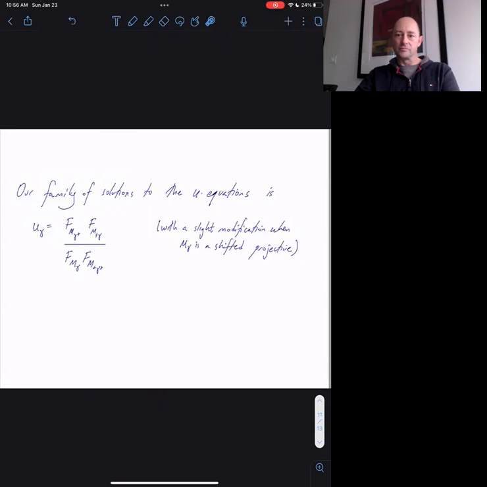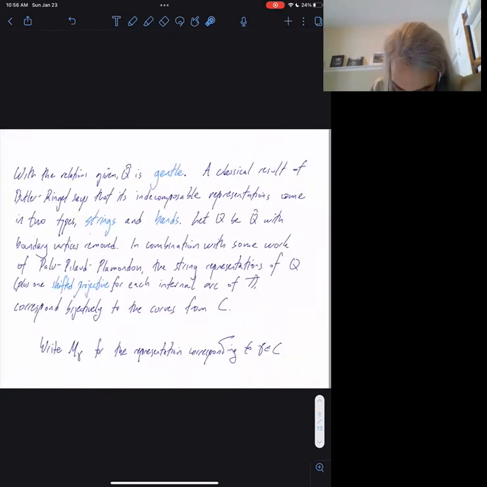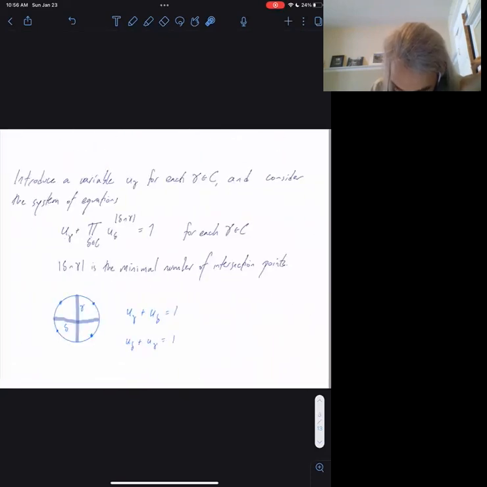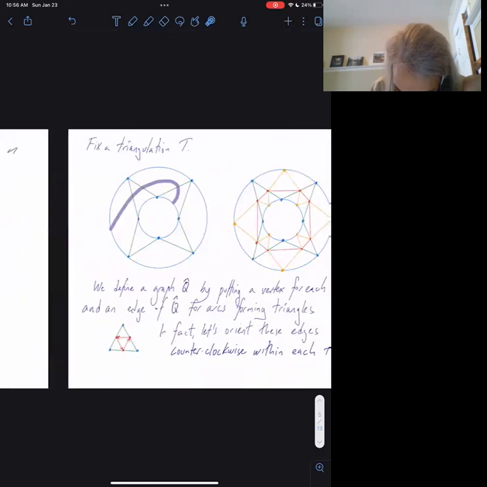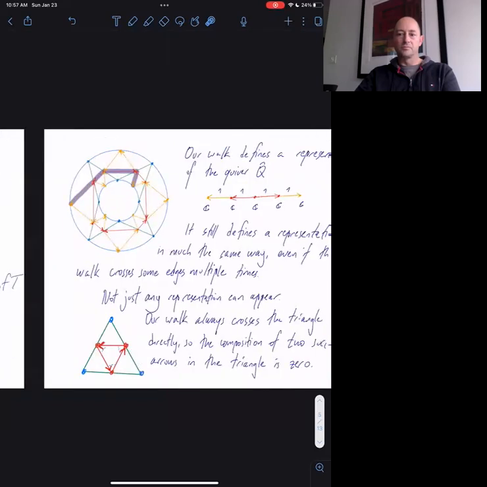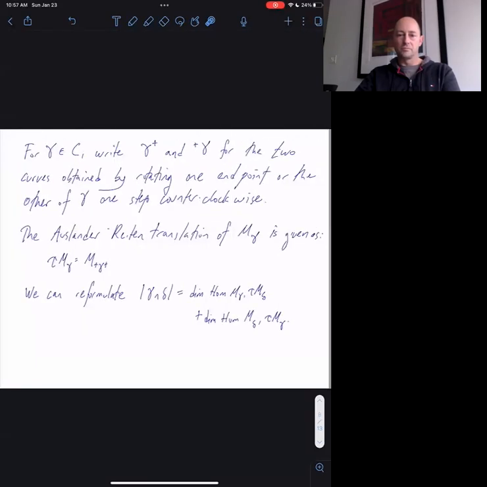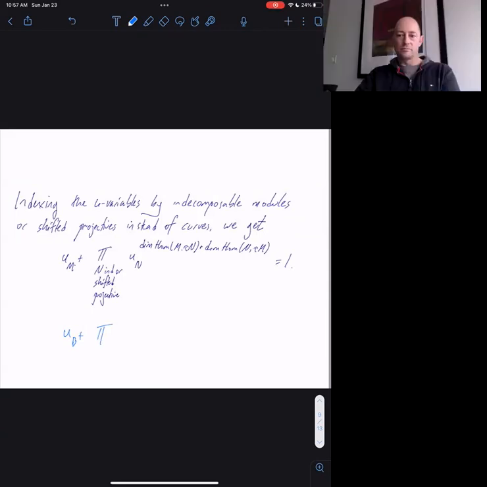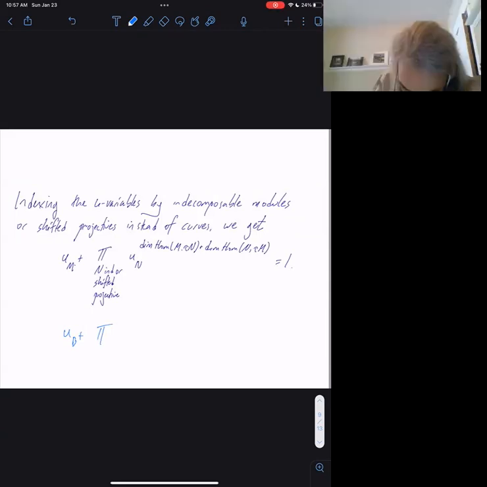So I really want to write down an equation for bands as well. I really want to write down the same equation for bands.